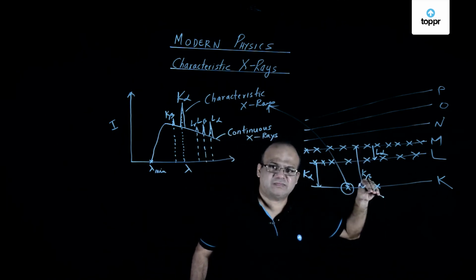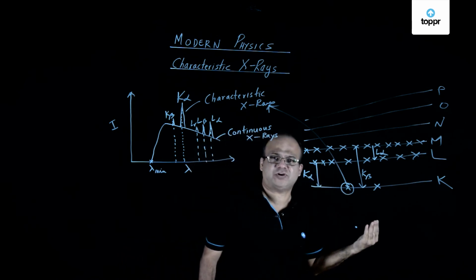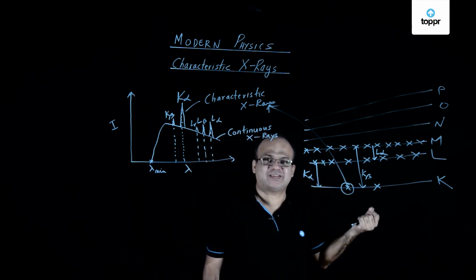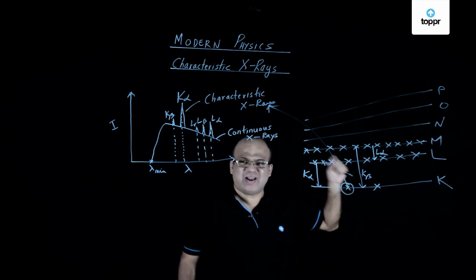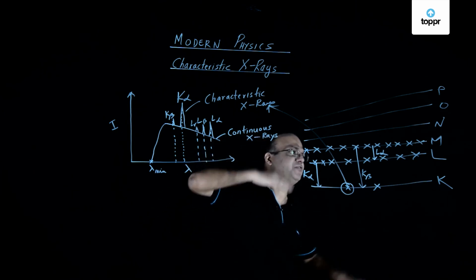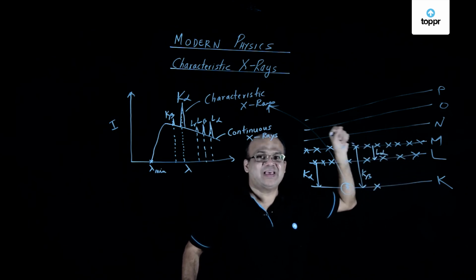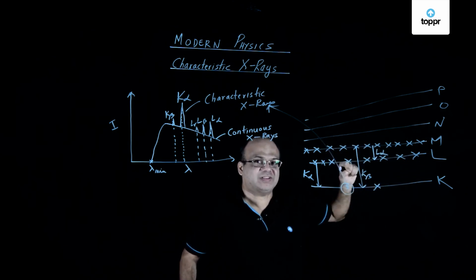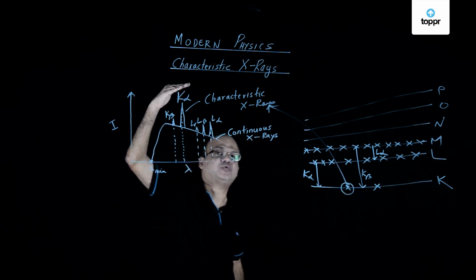This transition is accompanied by the emission of a photon whose energy equals the energy difference between the levels. And that is a fixed wavelength for a particular jump. Jumping from L to K for a particular element will give you a particular wavelength, a particular frequency of photon. That's why these things come out in huge quantities.